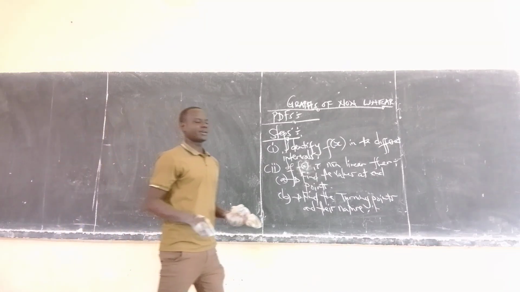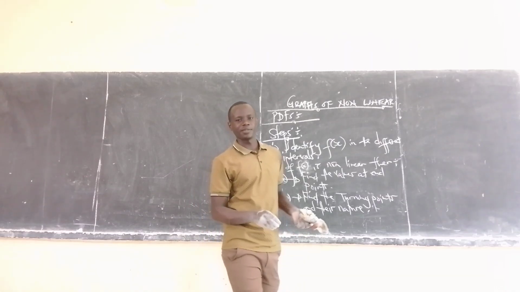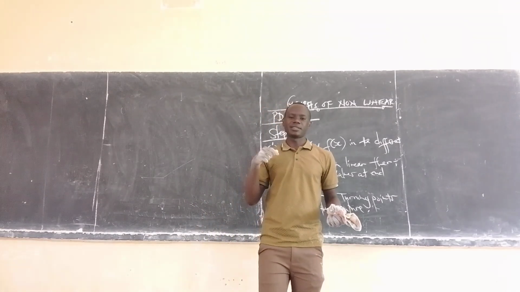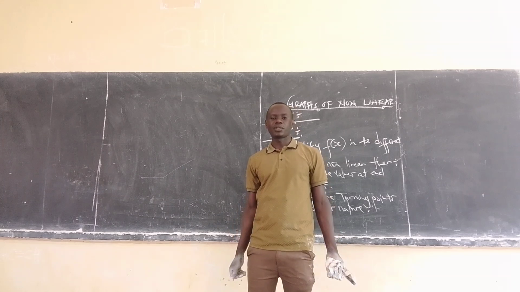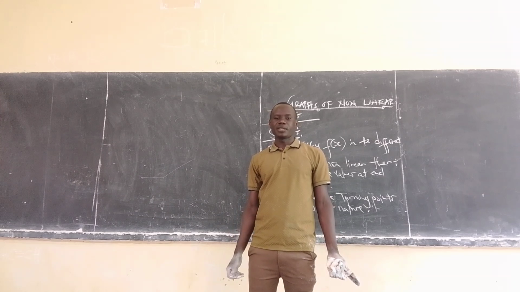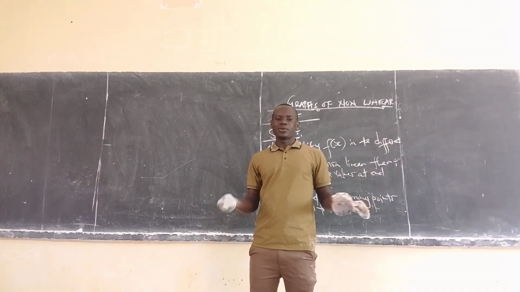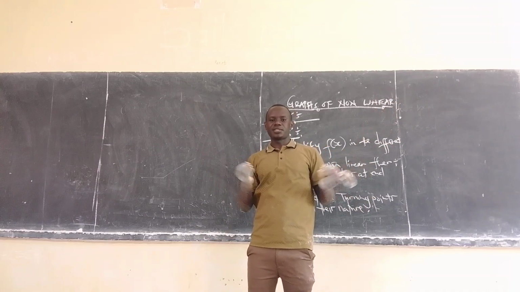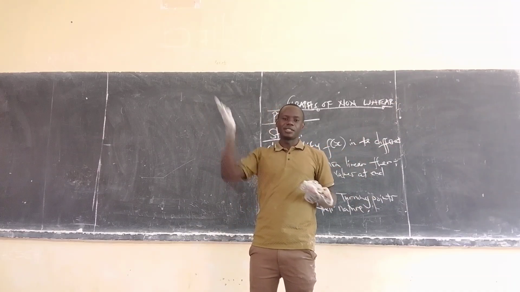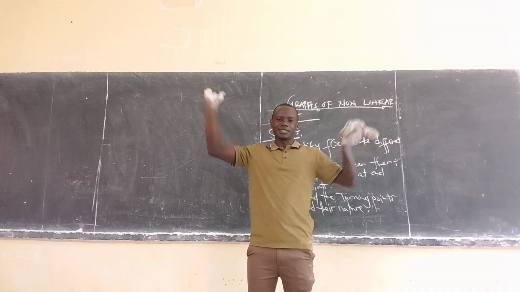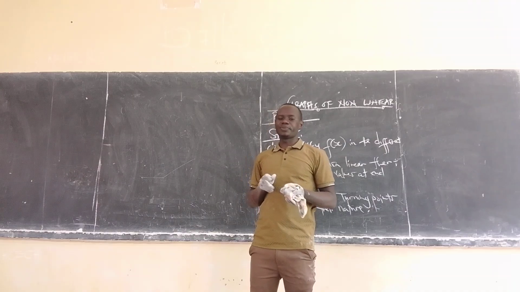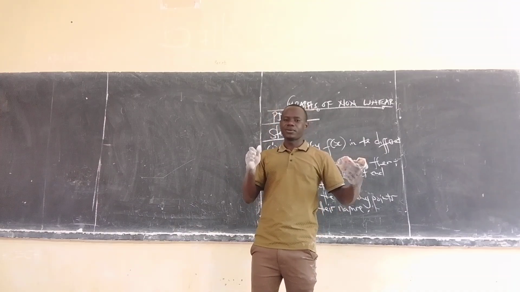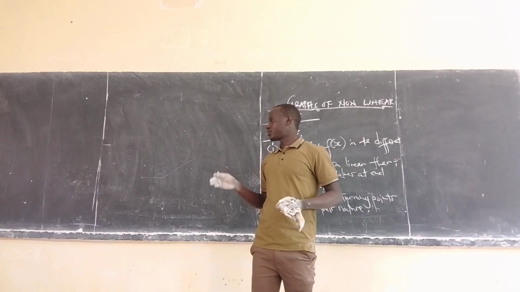Because whenever we substitute the x-coordinate of the turning point in the first derivative, we get a 0. We always determine the changes in the slopes on either side of the x value by picking values before and after.